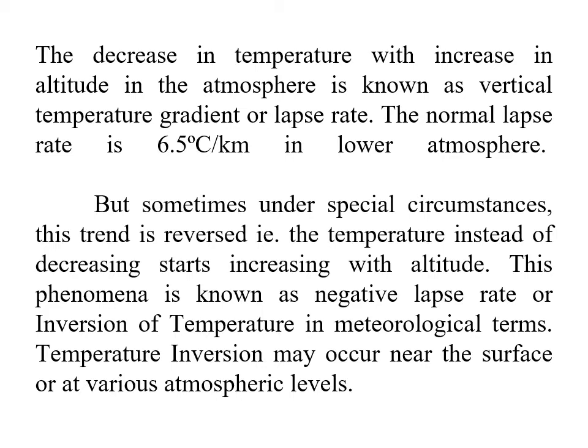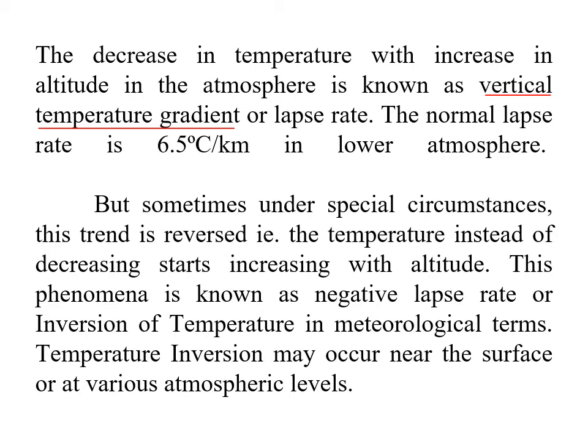This decrease of temperature with altitude is known as vertical temperature gradient. Generally, the vertical temperature gradients are controlled partly by the energy transfers and partly by the vertical motion of the air.